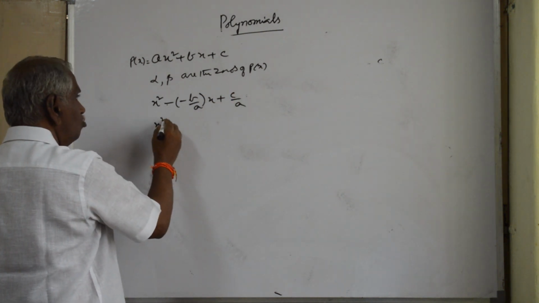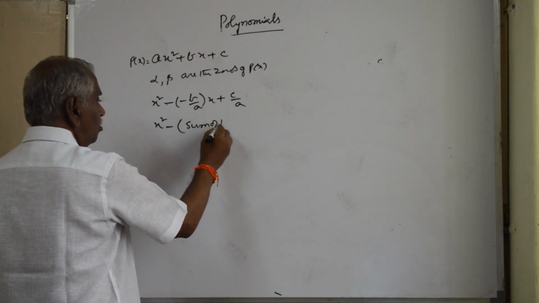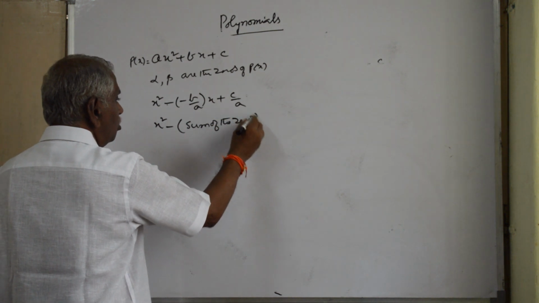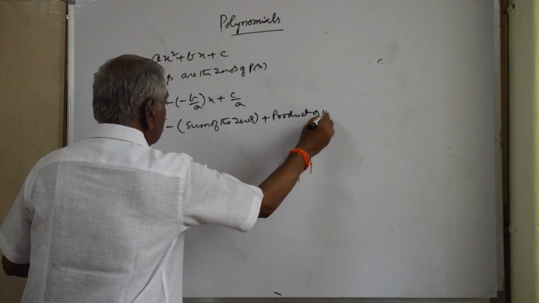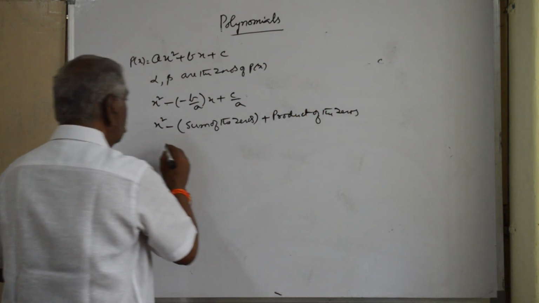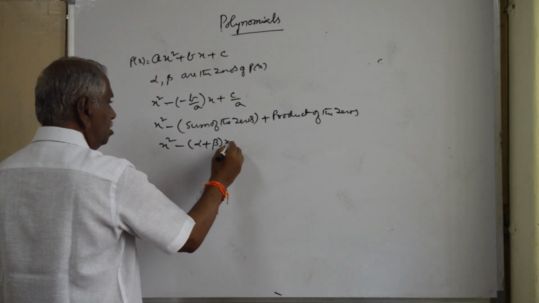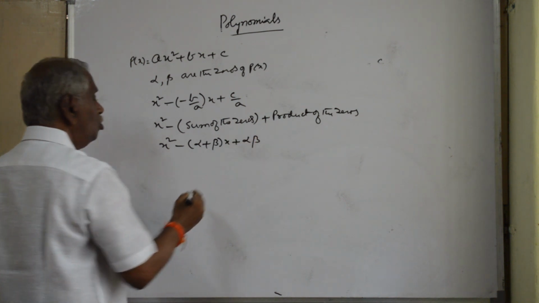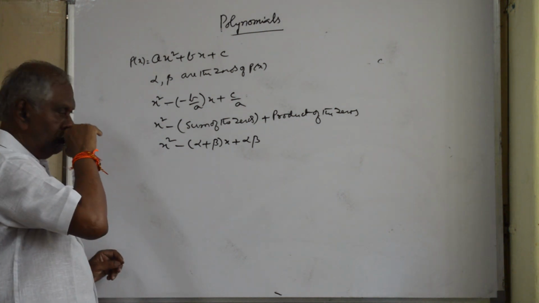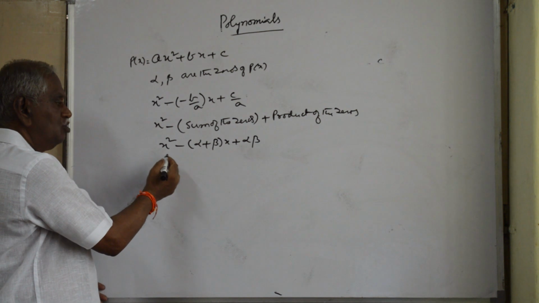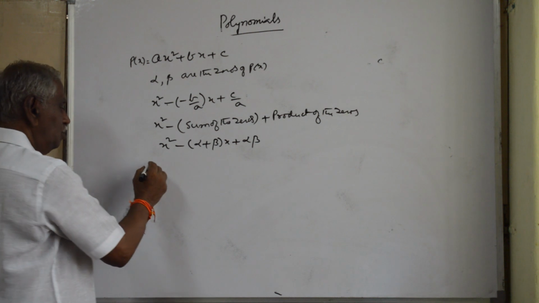So this can be written as x square minus b by a, which is the sum of the zeros, plus the product of the zeros. Now we can say x square minus alpha plus beta into x plus alpha beta. So this polynomial can be expressed in a different way. If alpha, beta are the zeros, we can express this as x square minus of alpha plus beta into x plus alpha beta.